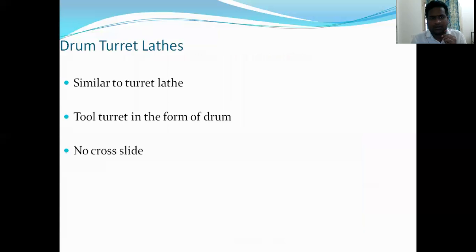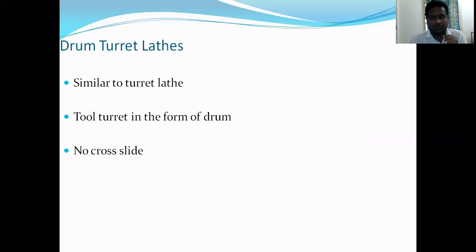Drum turret lathes. It is similar to a turret lathe, with the tool turret in the form of a drum and no cross slide. In the turret lathe we found a cross slide, an indexable cross slide, but in the drum turret lathe there is no cross slide.